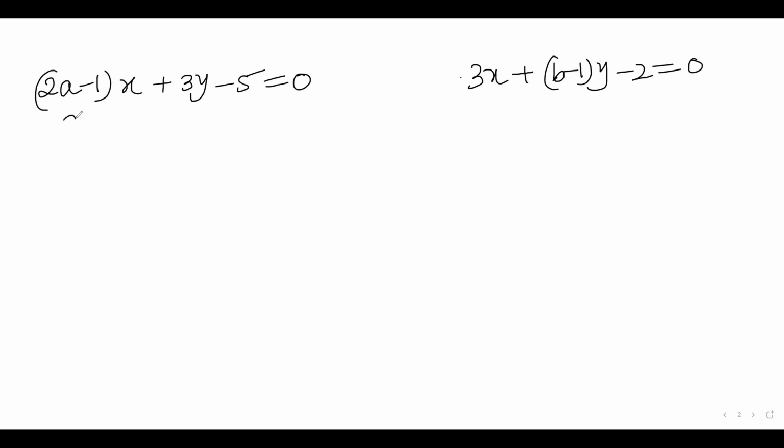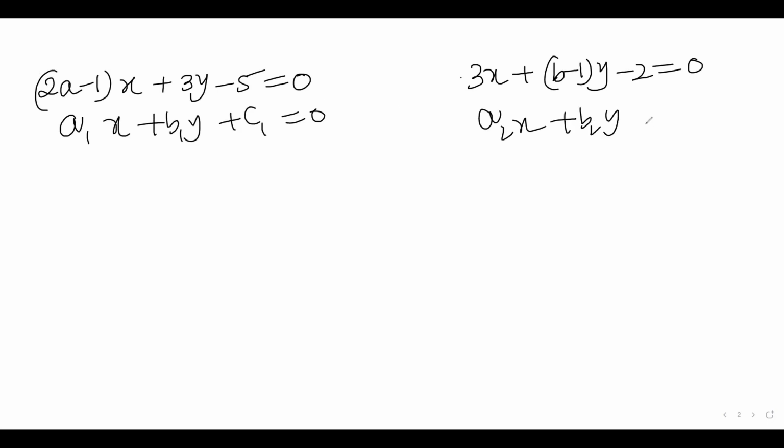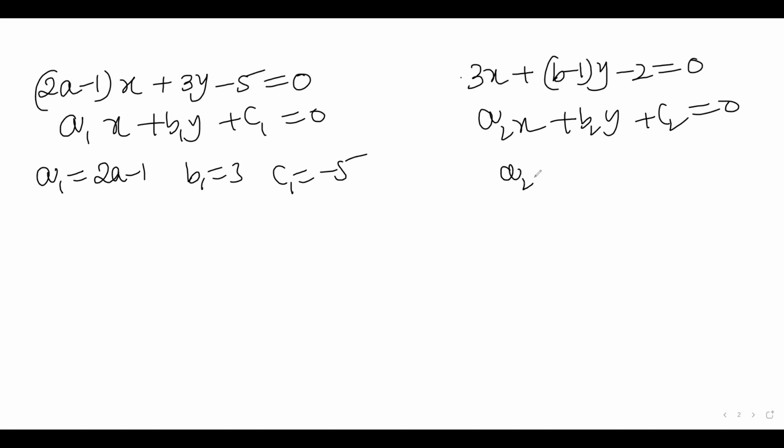Directly I'm writing standard form A1x + B1y + C1 is equal to 0, A2x + B2y + C2 is equal to 0. A1 is equal to 2A minus 1, B1 is equal to 3, C1 is equal to minus 5, A2 is 3, B2 is B minus 1, C2 is minus 2.